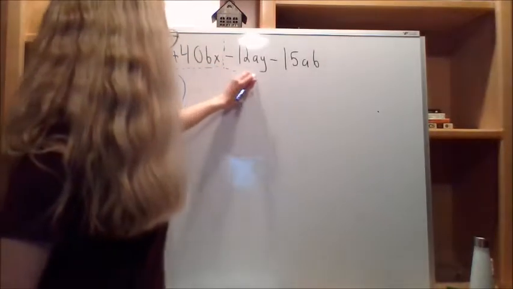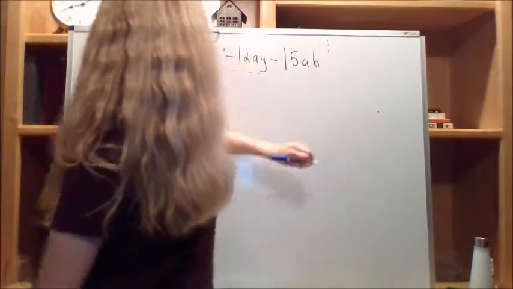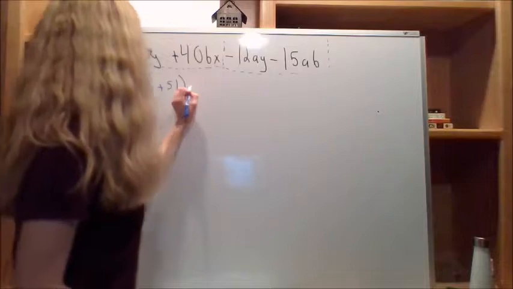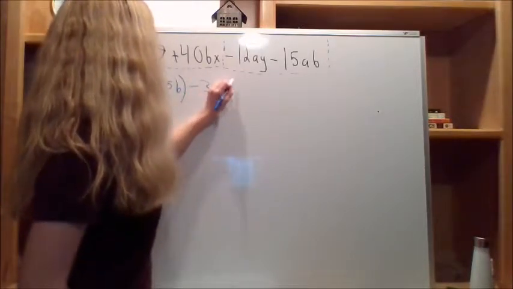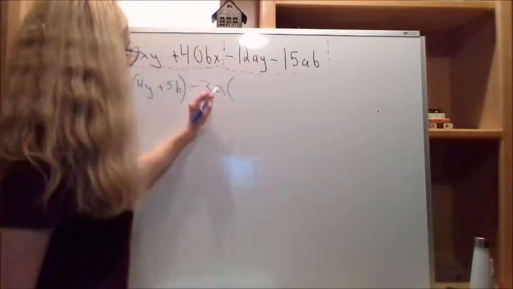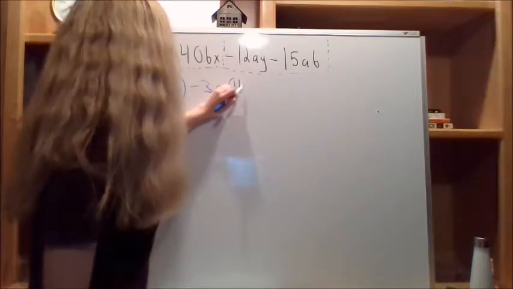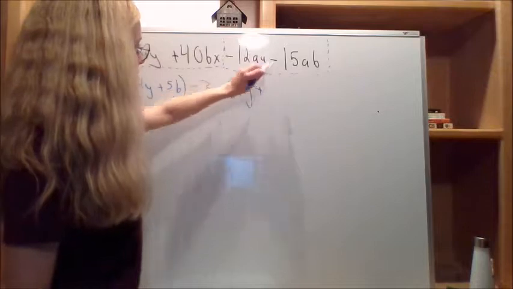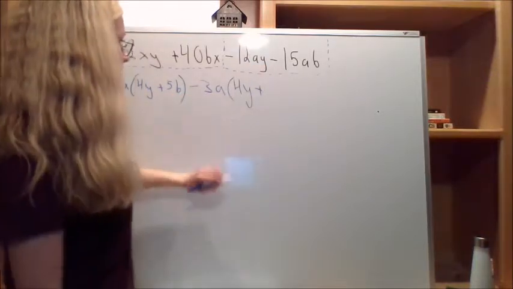Here, we see that these terms both have a negative 3 and an a. So we can factor out negative 3a, and then of course we have times the quantity 4y plus 5b, because we don't forget to undistribute the negative.